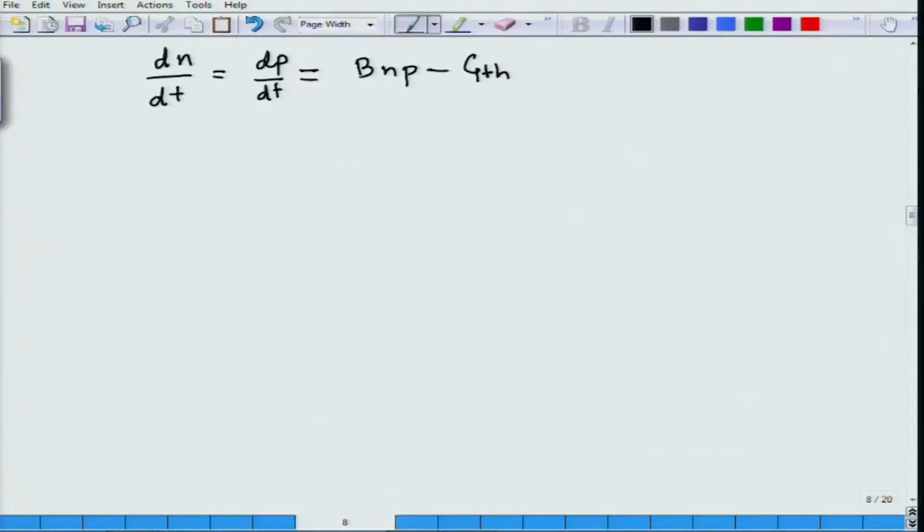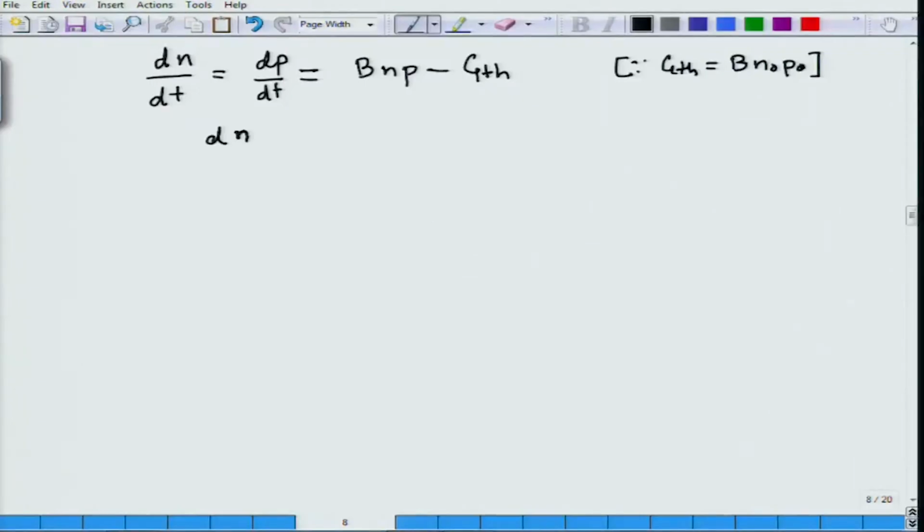Now, from our earlier discussion, we know that G thermal, due to thermal means, if this is the only mechanism taking place, is nothing but B times N naught P naught. So, then I can write my expression and I will expand this.